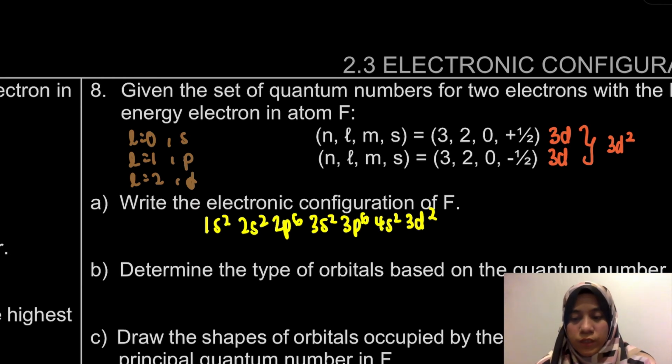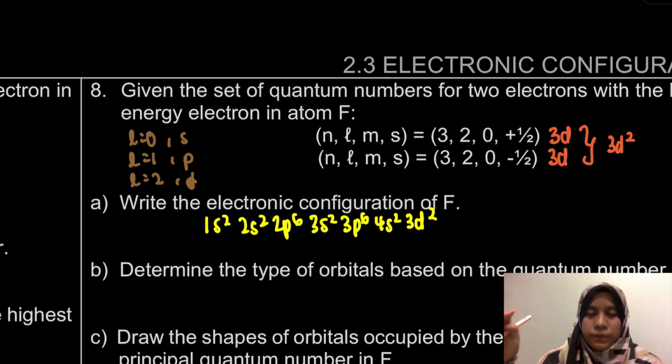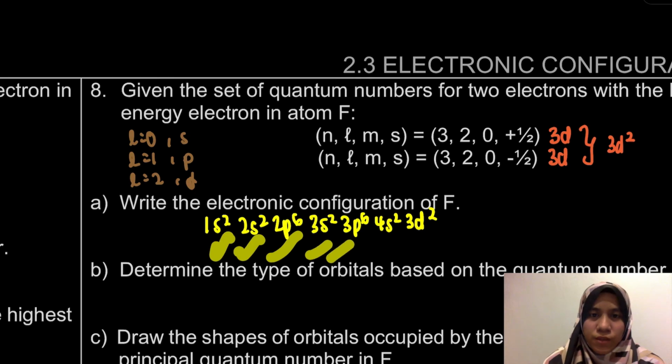Because usually we remember the order by n, right? 1s, 2s, 2p, 3s, 3p.